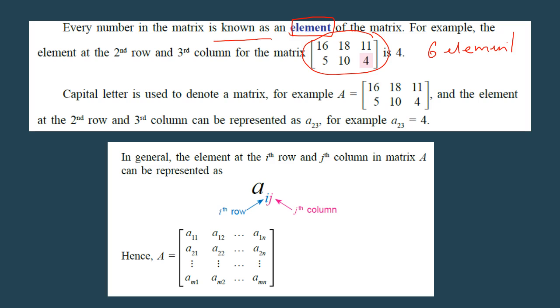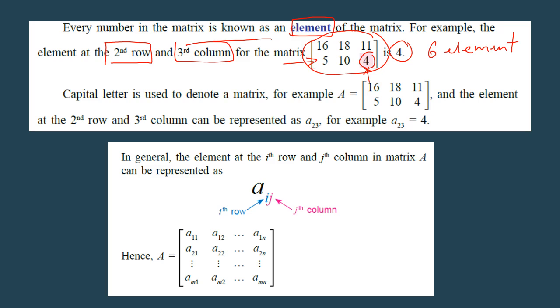And then your number 4 here is the element at the second row, and third column of the matrix.